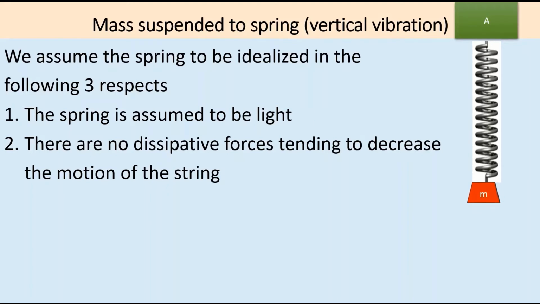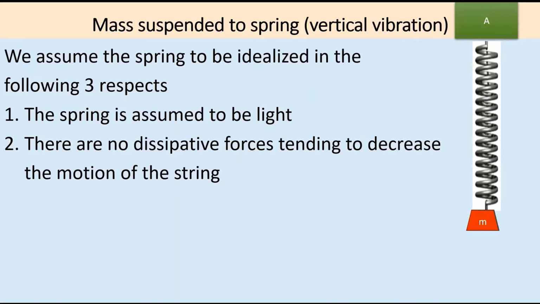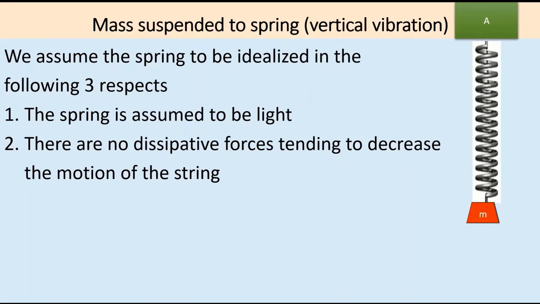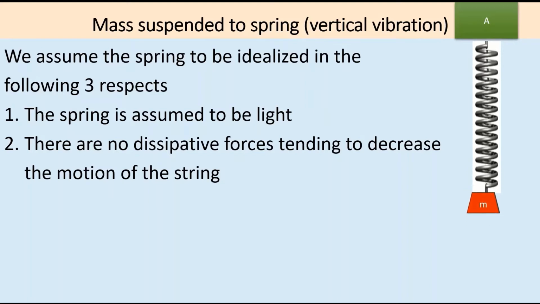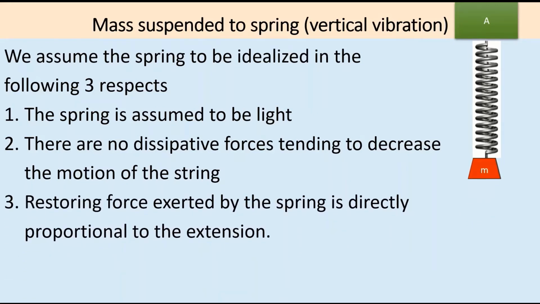Strictly speaking, it is not so. There is air resistance or other types of dissipative forces acting on this particular system, but we are considering the ideal conditions where there are no dissipative forces. Third one is the restoring force exerted by the spring is directly proportional to the extension.